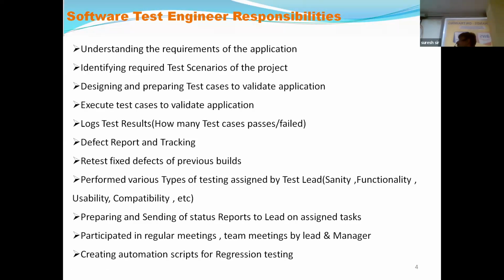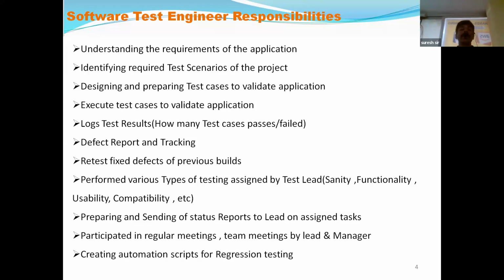While executing them, we come up with how many test cases passed and how many failed. In case of pass, we are not worried, but in case of fail, we need to do bug reporting.